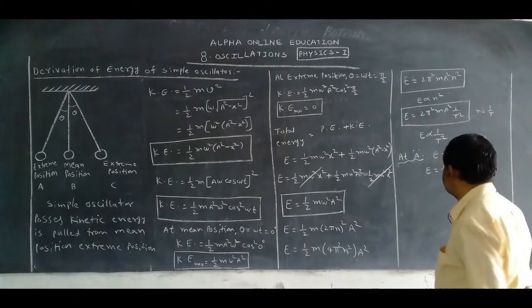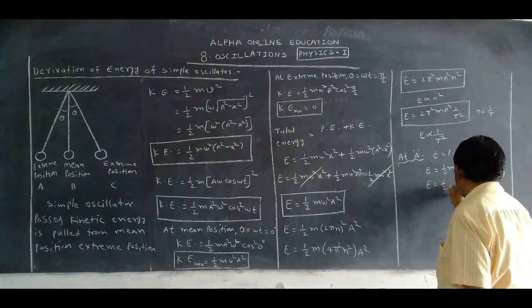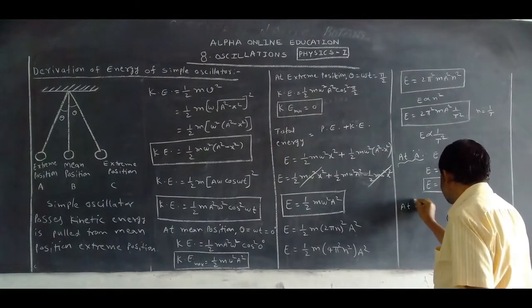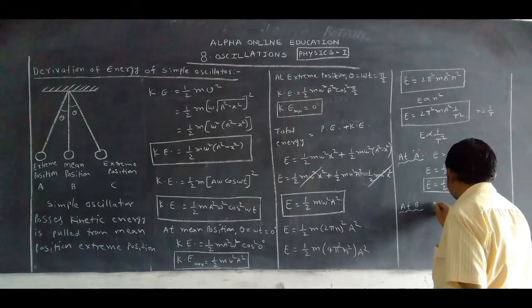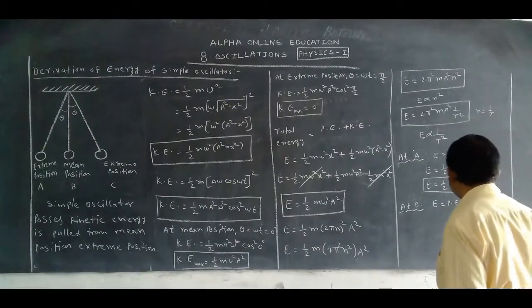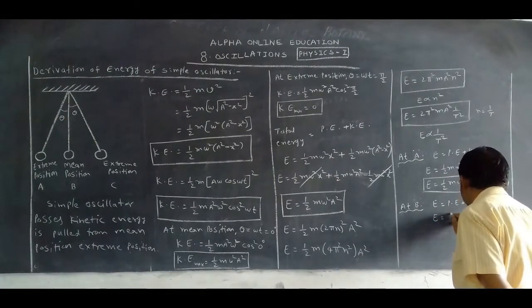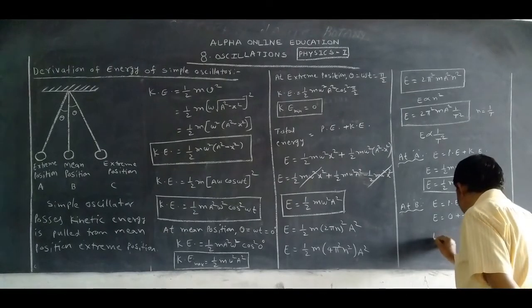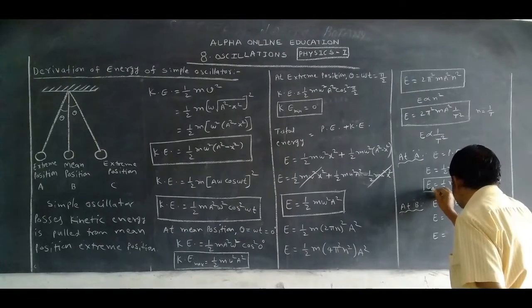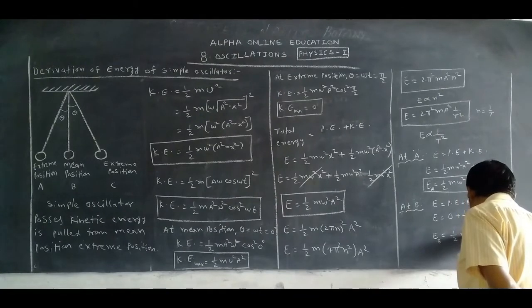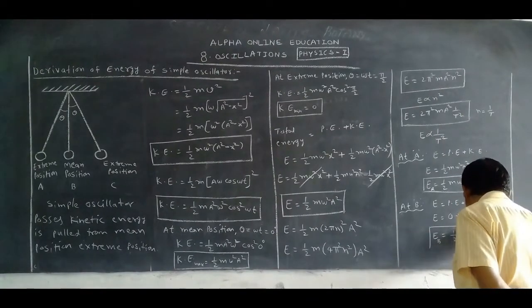Kinetic energy is how much? 0. E is equal to half m omega square a square. At B, what happened? E is equal to potential energy plus kinetic energy. So what we can get? E is equal to 0 plus half m omega square a square. So it is at A, it is at B. How much? Half m omega square a square.